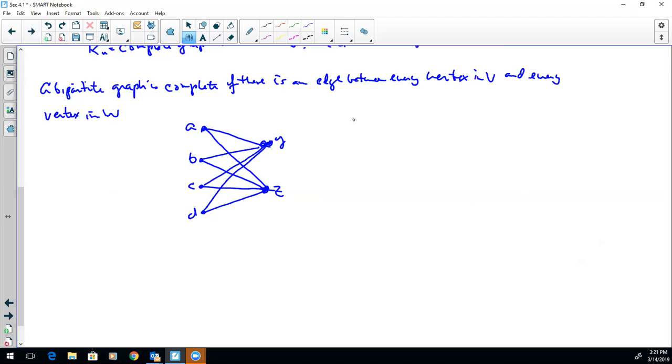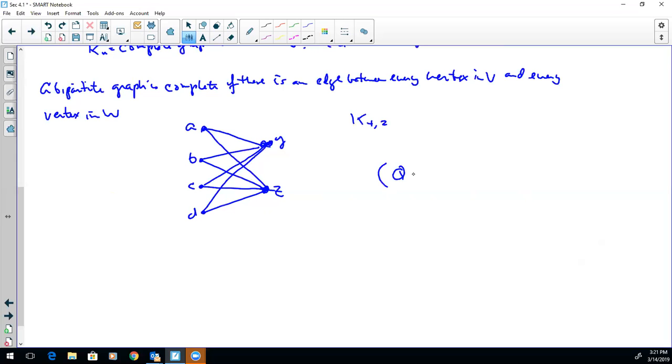This guy has a name. K, we have 4 elements of one set of vertices and 2 of the other. So this is K sub 4,2. It's the complete bipartite graph from a set of 4 vertices to a set of 2 vertices. Okay, so next question.